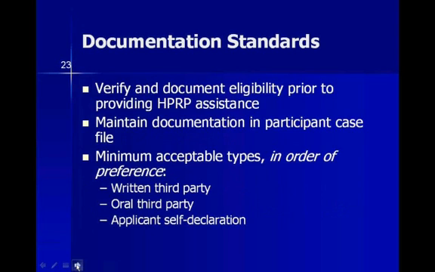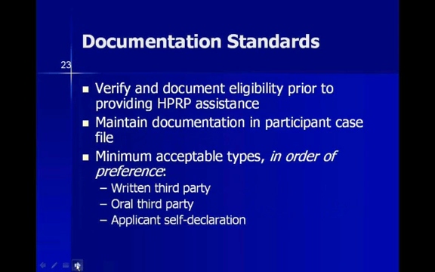But there are other allowable types of documentation if third-party documentation can't be obtained, and it's in order of preference. Written third party is the first order of preference. If that can't be obtained, then oral third party. And lastly, and only in some cases, would applicant self-declaration be acceptable. I'll talk about those in the next set of slides.